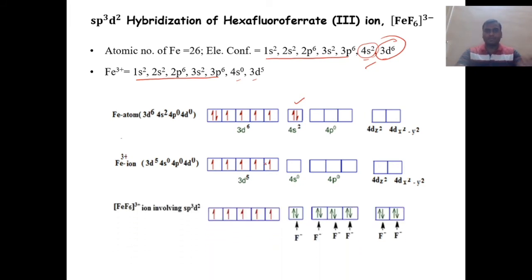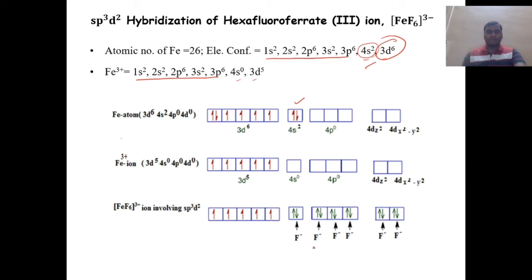Okay, so now in this complex FeF6 3 minus ion involving sp3d2 hybridization, we can see 5 unpaired electrons present. These electrons were not paired up because sufficient energy is not provided for the pairing, as these fluorine atoms are weak ligands compared to carbonyl and cyanide.